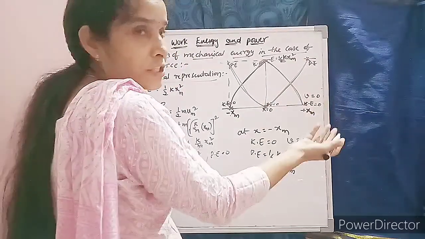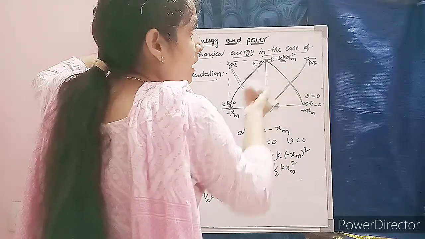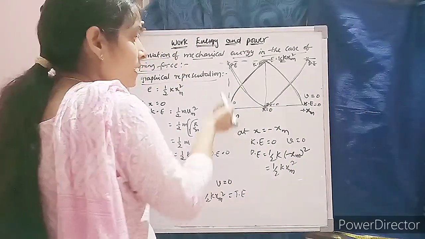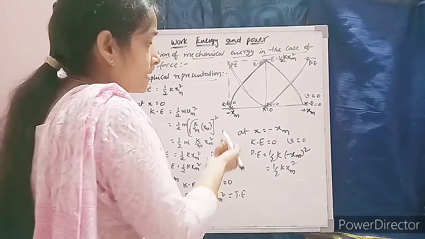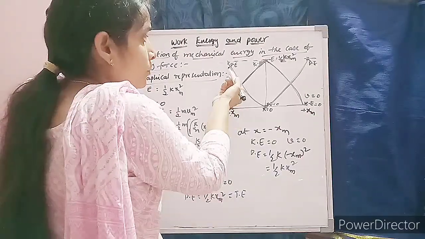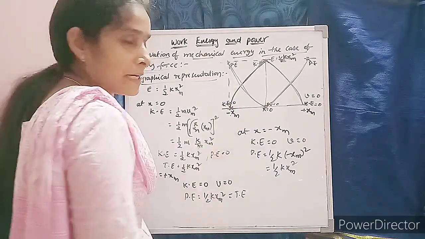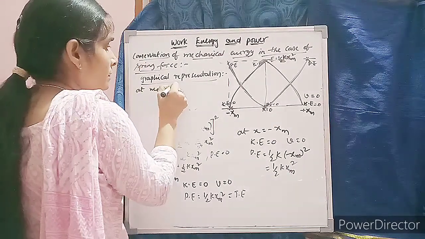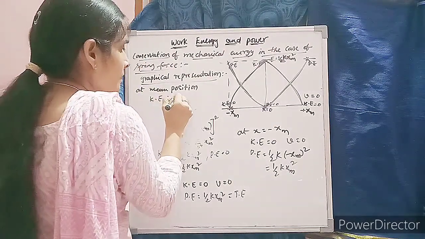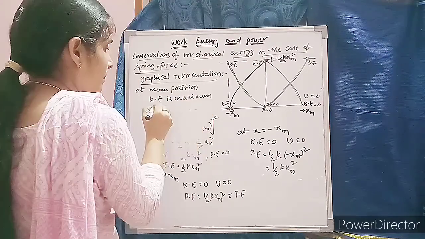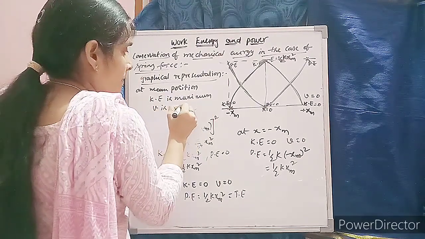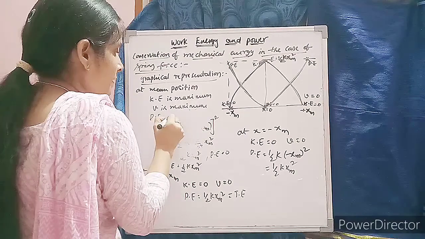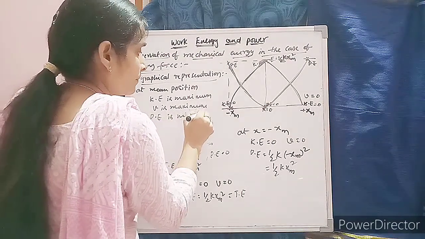Total energy is the potential energy which is equal to half k xm square. Similarly at negative x-axis at extreme position the potential energy is maximum and kinetic energy is minimum. At mean position kinetic energy is maximum, velocity is maximum, potential energy is minimum.